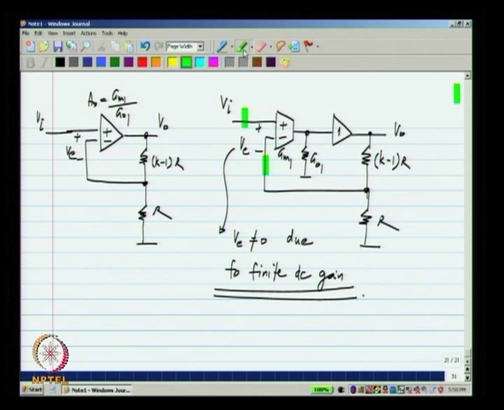Now, let us go back to the basic idea of negative feedback. What did we say had to happen? Basically, in order to control some value to a desired value, we compared the desired and actual values and then drive the output based on that one. Okay, that was the basic idea. Now, we know that this voltage, which should have been kVi, will settle to a value which is less than that, which is kVi by 1 plus k by A naught.